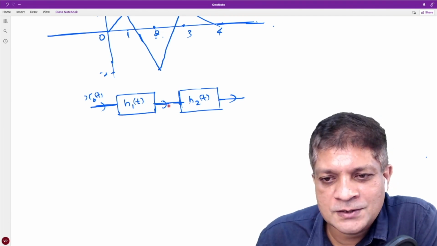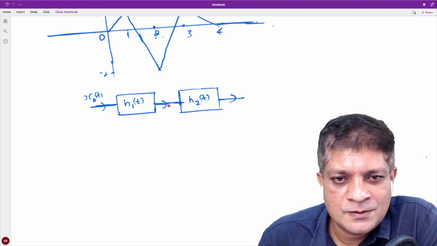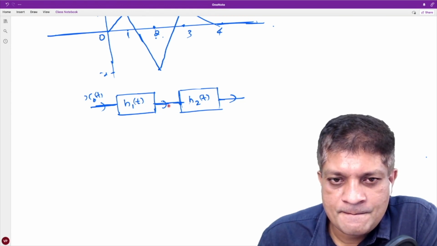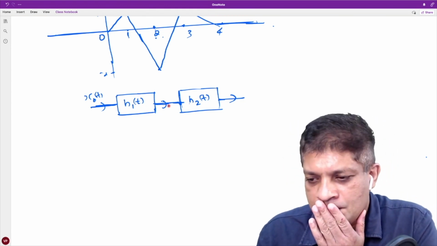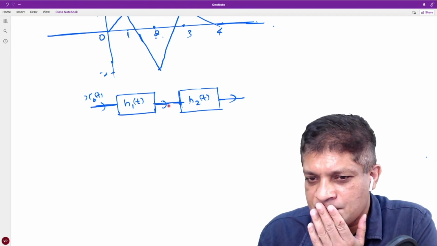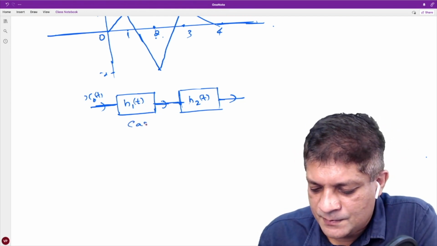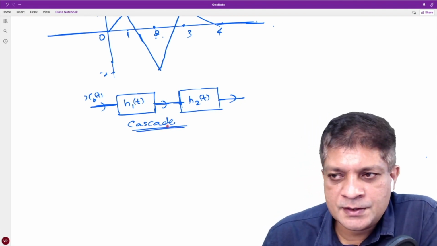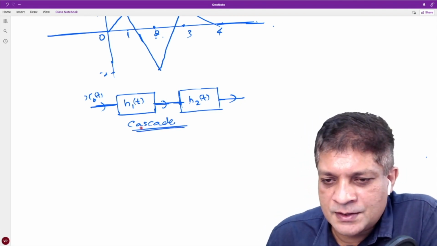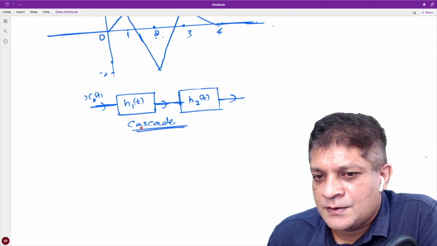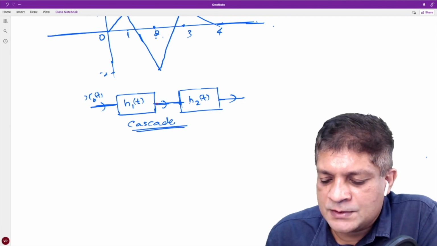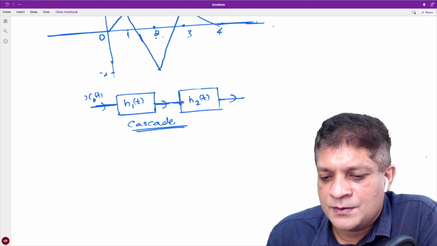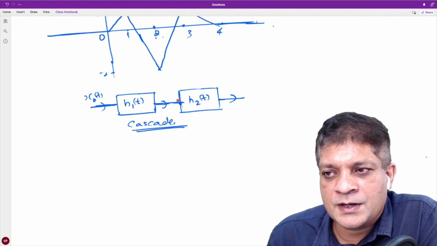What connection is this? What is it called? Series connection, or is it cascade connection? It is also called the cascade connection, isn't it? Cascade. Output of one system is given as the input of the second system.